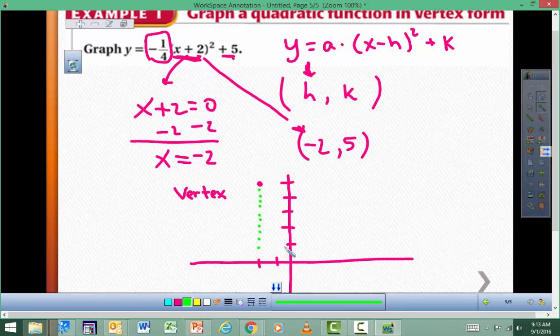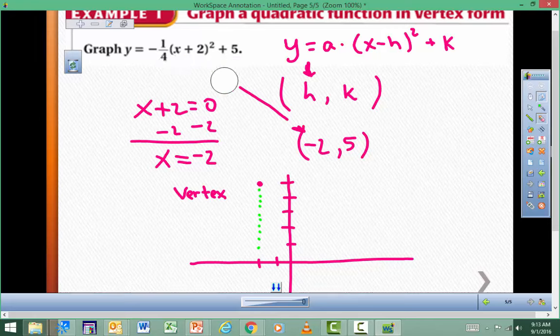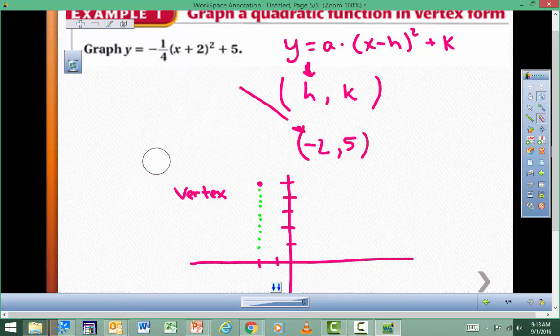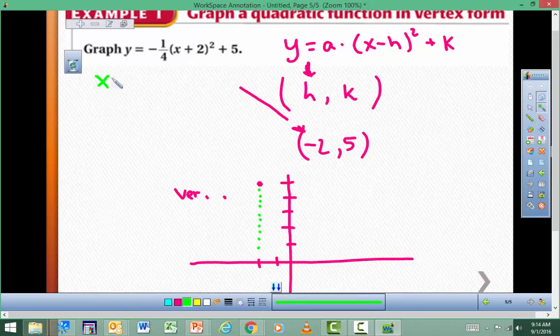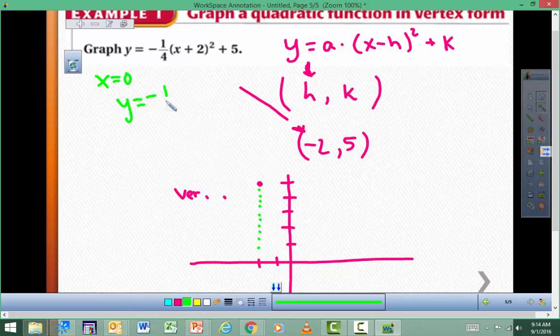Well, I might use 0. Okay, so check it out. Let's use Noel's advice. He says, why not try 0? I'm just making some room here. At x equals 0, what do we get? Well, in this case, we get y is equal to negative 1/4 times 0 plus 2 squared plus 5. 0 plus 2 is 2. So that's going to be 2 squared plus 5, right?